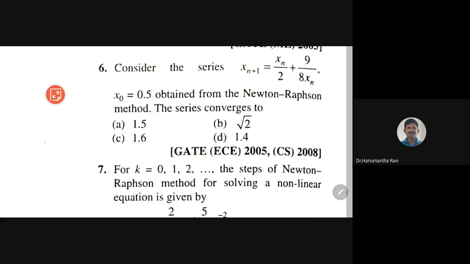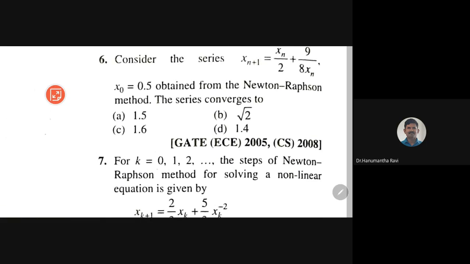How can we say it is 3 by 2? The series convergence to x0 is 0.5 obtained from Newton-Raphson method. This problem has some issue, I think. How can we say 3.5 it converges?